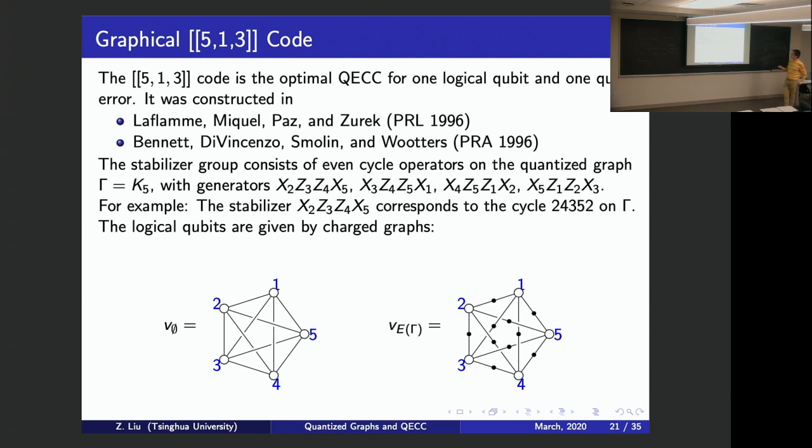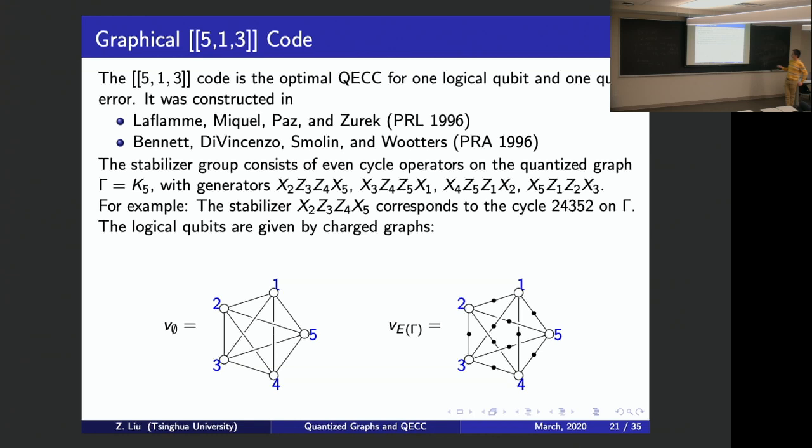Now for this graph, if we construct a logical qubit by this graph, somehow in TQFT you have a graph with 5 outputs, so that corresponds to 5 qubits. And now we can construct another 5 qubits by adding pairs of charge on the edges, so it's actually fully charged. And then we can show they are orthogonal. And actually in general theory we can prove for the charged graphs, the states are either the same or they are orthogonal, so they actually form an orthogonal basis.